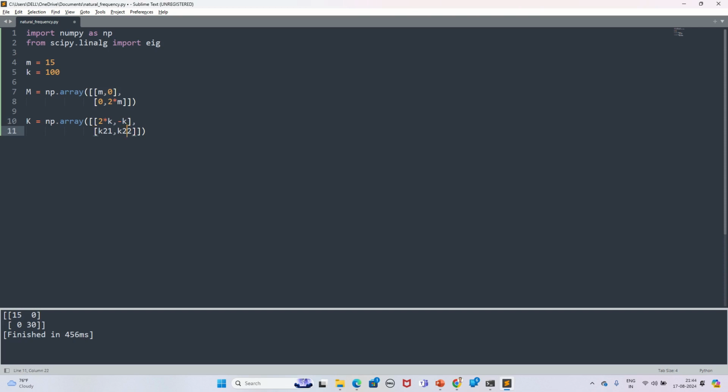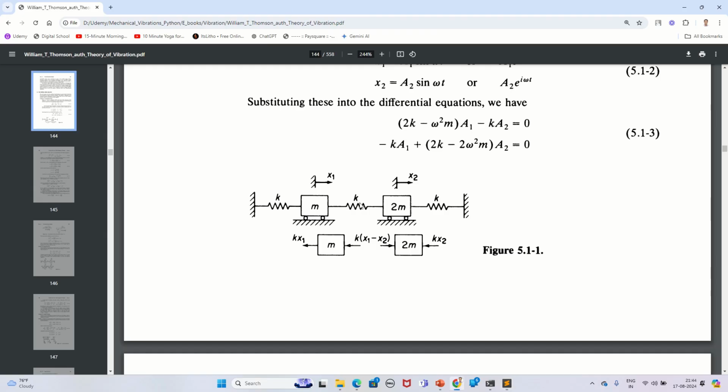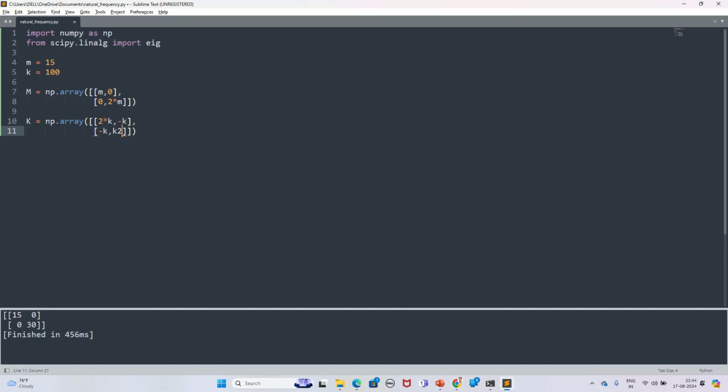Non-diagonal elements would be negative. Same for K21, the spring connected to masses 2 and 1. K22 is the springs connected to mass 2 only, so K2 plus K3, which is nothing but 2 into K. So our stiffness matrix is ready.